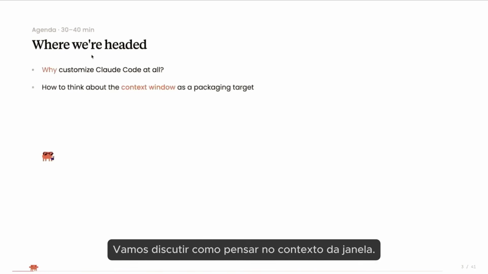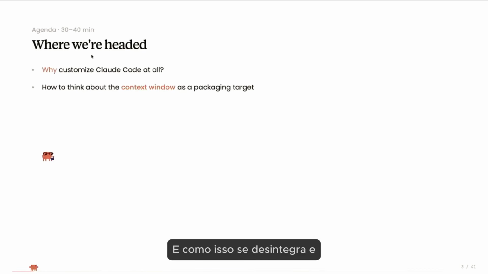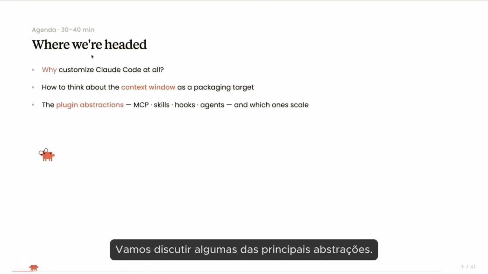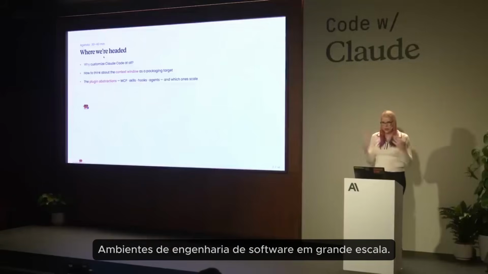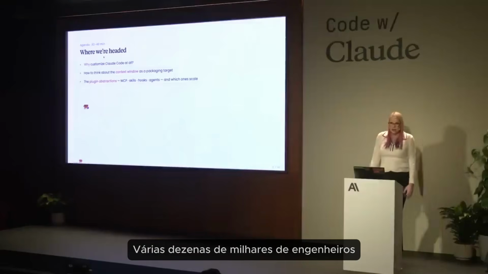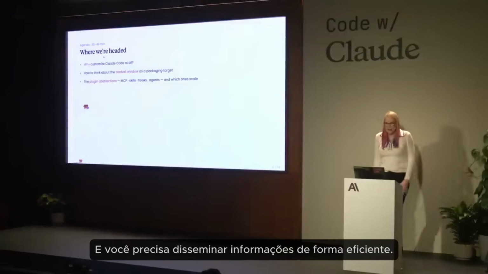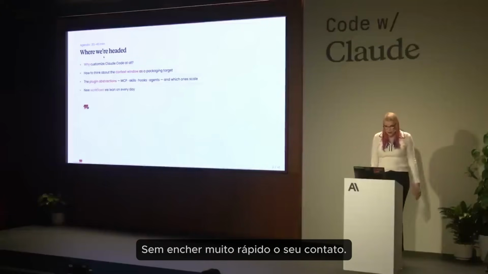We'll talk about how to think about the context window and how there's this analogy to software packaging and where that breaks down and how that works. We'll talk about some of the key abstractions and plugins and focus on which ones of them scale up to real large-scale software engineering environments. Environments where you have hundreds or thousands or tens of thousands of engineers working on the same code base, and you need to disseminate information efficiently without filling up your context too quickly.